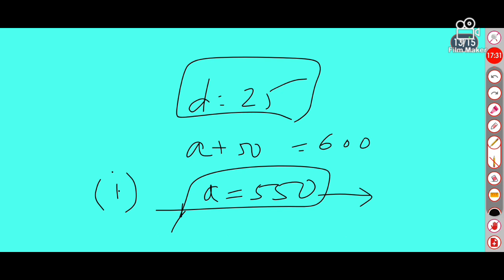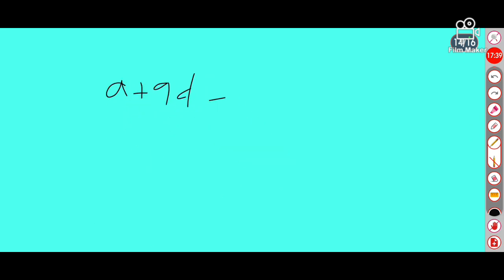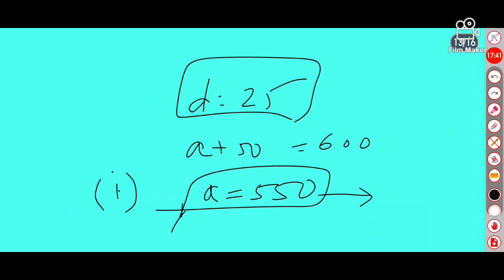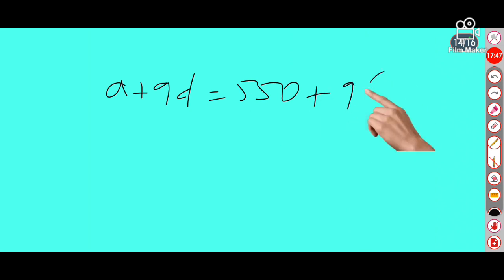Similarly, they are asking for the production in the 10th year. So a plus 9d. The value of a is 550, d is 25. Right? So this is the second subdivision, the production in the 10th year.